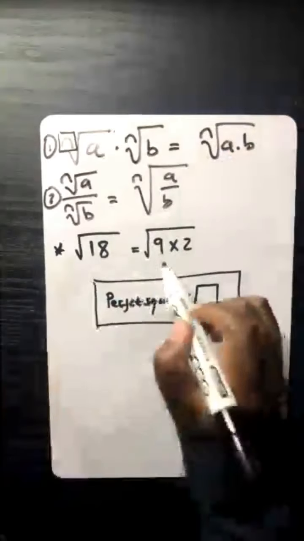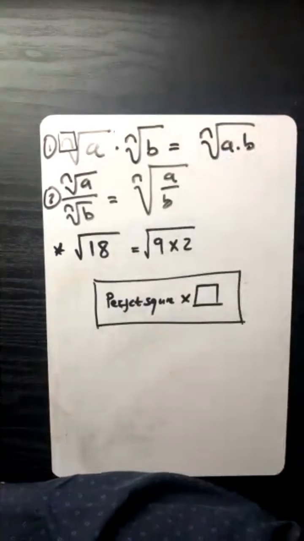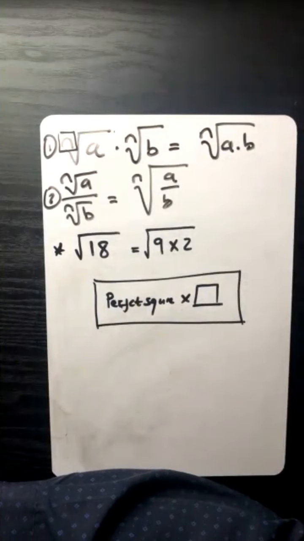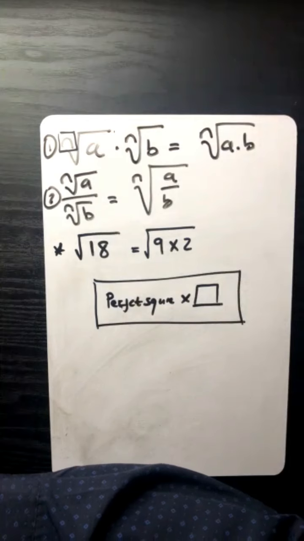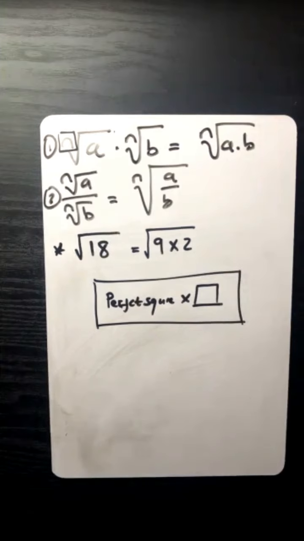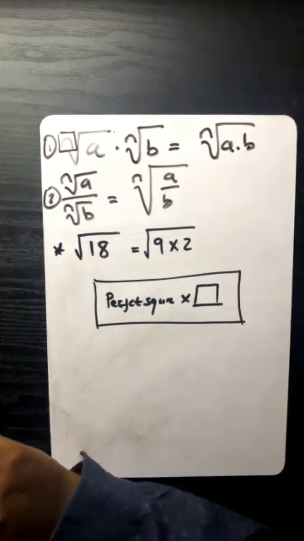So in this case, Ntando, what is n? Say n is 2. Shreyas, what is a? A is 9, sir. Promise, what is b? B is 2, sir.